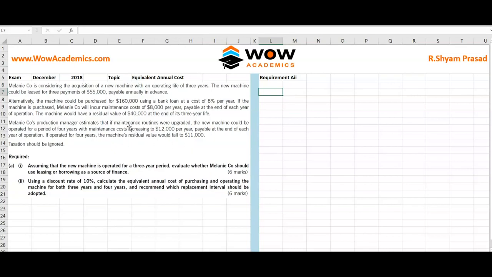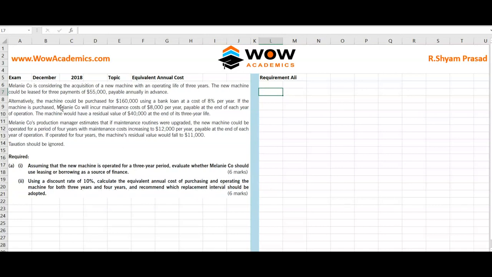So he's asking a 3-year versus a 4-year maintenance, where the machine has to be. So this question takes this paragraph and this paragraph and it wants to work it out. So what they want is, using a discount rate of 10%, calculate the equivalent annual cost of purchasing and operating the machine for both 3 years and 4 years and recommend which replacement interval should be adopted.